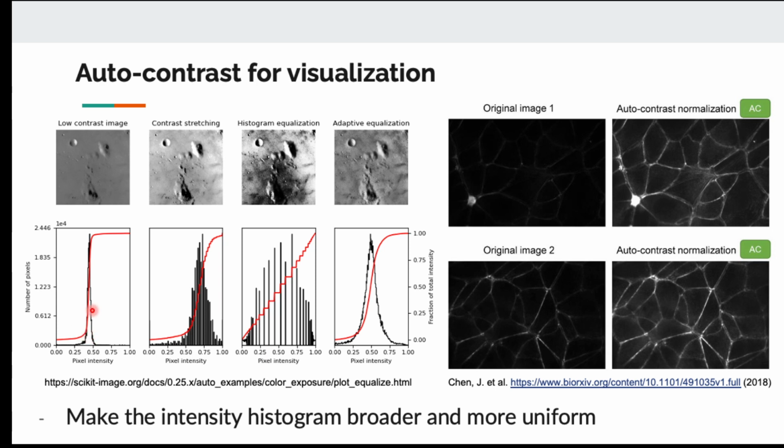So there are ways that we can change the histogram, either by multiplying the intensity with some constant, or by putting a threshold on the intensity at some constant. We can adjust the histogram to make it broader, higher, lower, or more uniform.